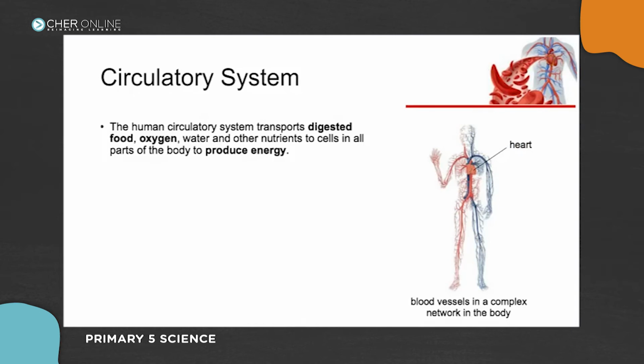We have a transport system. So let's use the MRT as an example. In our transport system, we have the MRT train, we have the passengers, and we have the railway tracks. The railway tracks are like the blood vessels, because that is how it allows the blood to flow in a certain direction only, right? The train is like the blood.